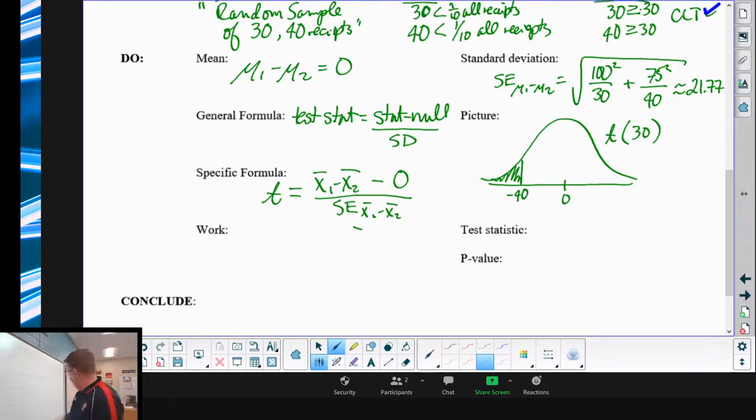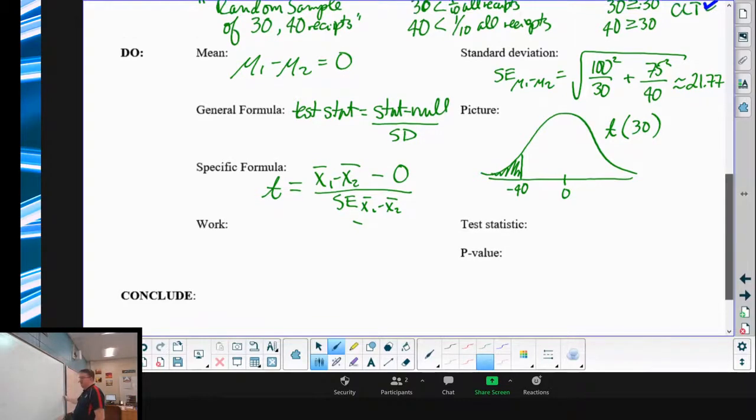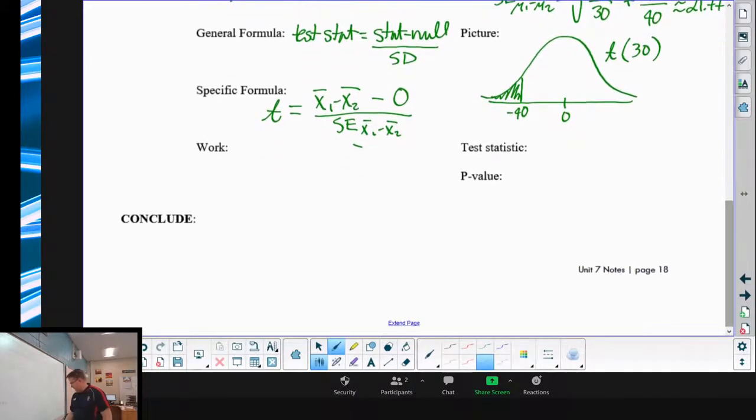And then from there, our test statistic falls together rather nicely. So our t is going to be negative 40 minus 0 divided by that number from up there, which is the 21.77. And that is going to give me a negative 1.84.